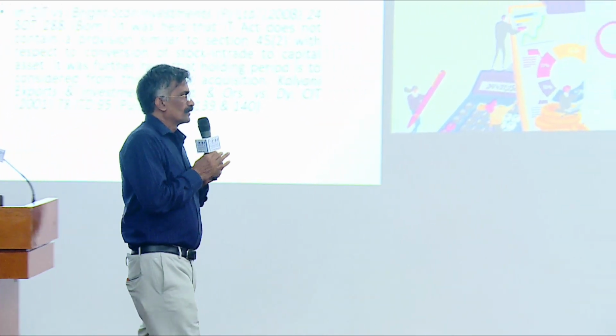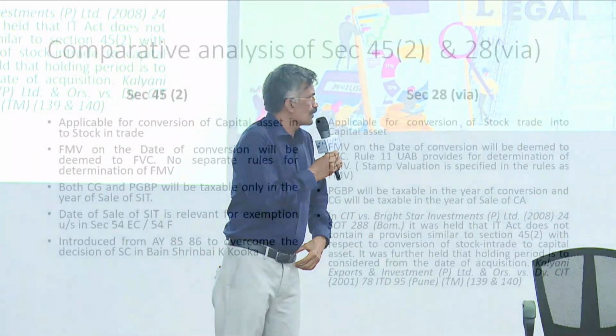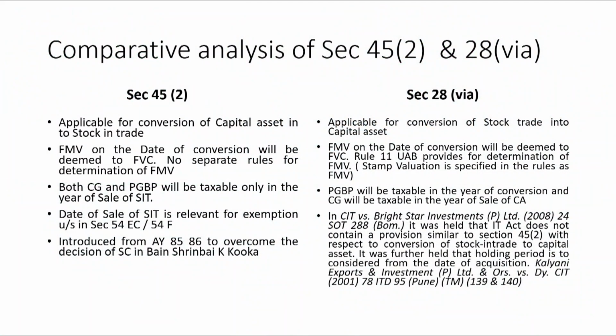So 28(4) will apply for the reverse conversion of stock in trade to capital asset. The fair market value on the date of conversion will be determined as per Rule 11UB, which is the stamp valuation. The profits and gains of business will be taxable in the year of conversion, and capital gains will be taxable only when you sell the capital asset. Therefore, to that extent, there is a difference in the treatment.